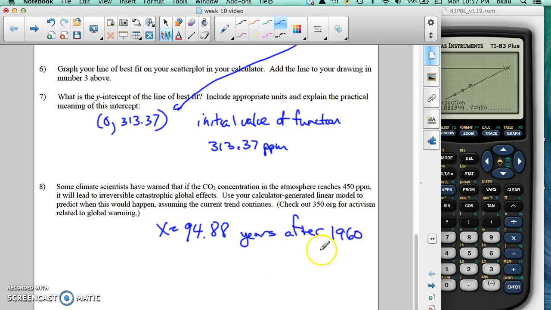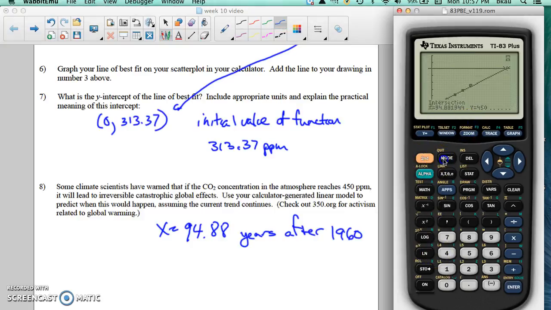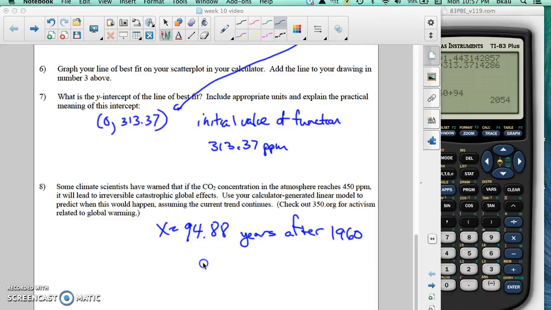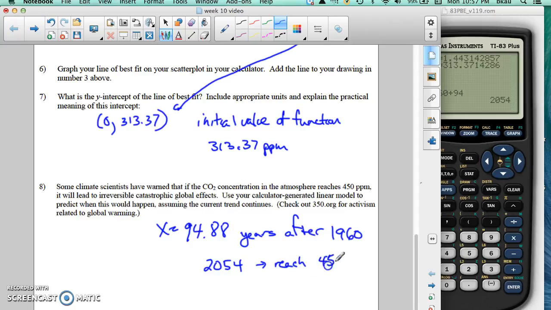So that means we would have to add 94 years, or 95 years, to this 1960. 1960 plus 94 gives us the year 2054. In that year we're going to reach 450 parts per million using our model, if this trend continues.